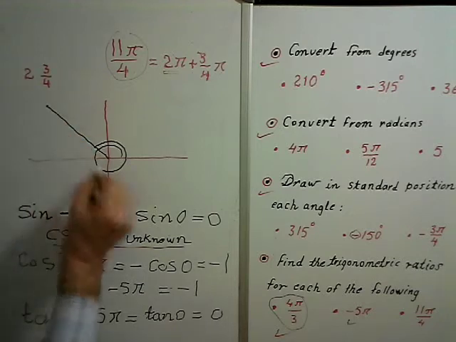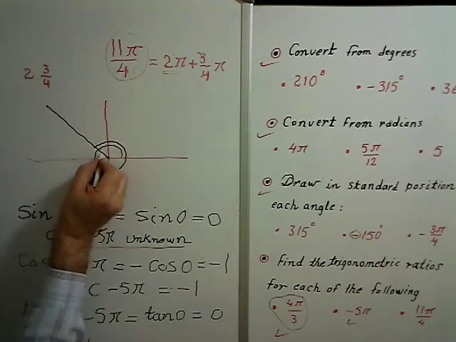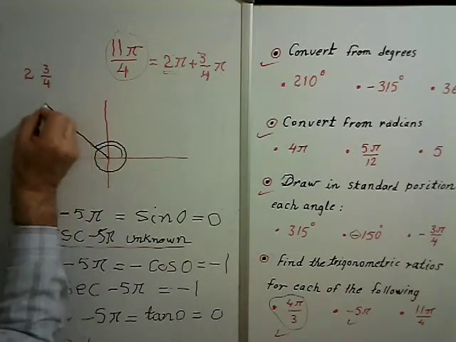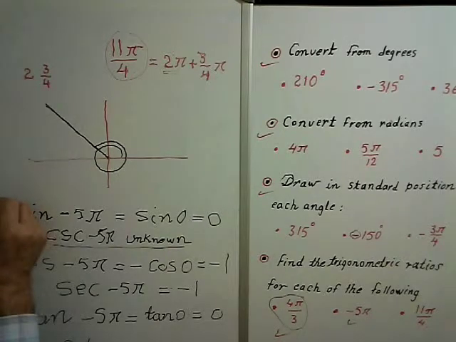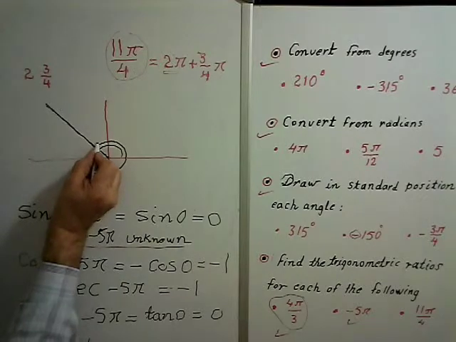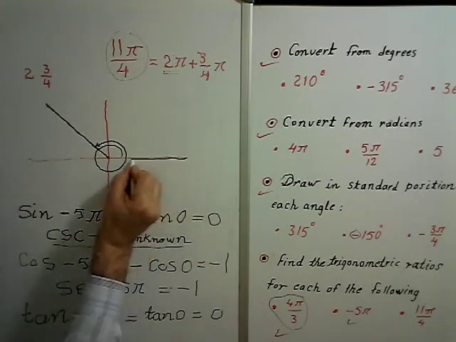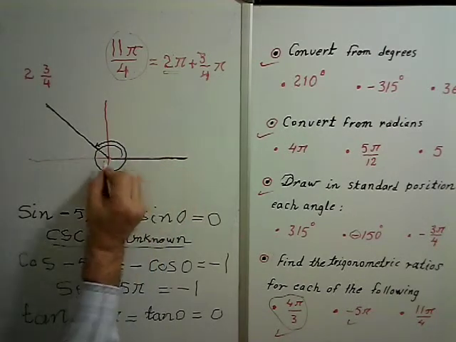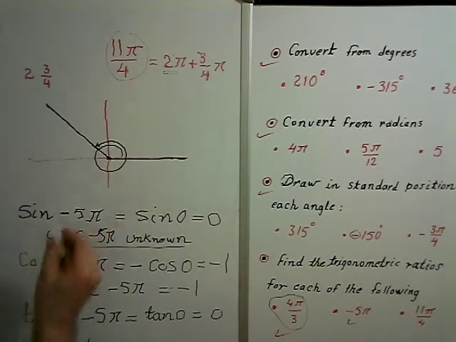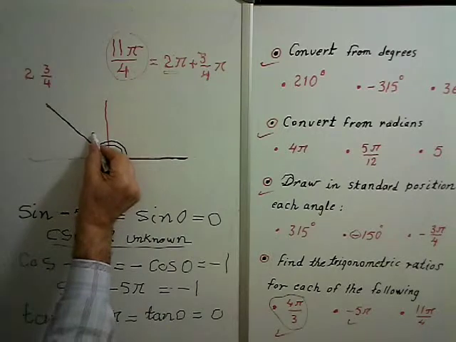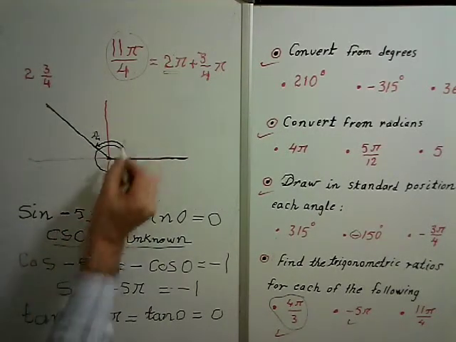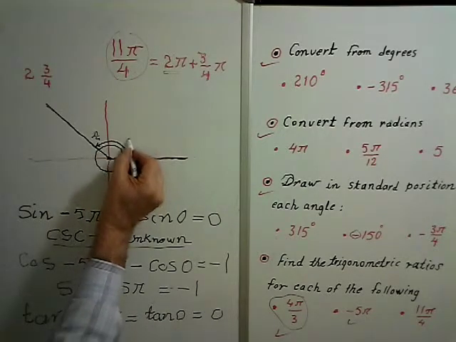So anyway, here's the terminal side of the angle, and here is the end of the angle. This is the initial side, and this is the vertex. So this is pi over 4, and this here is pi over 2.